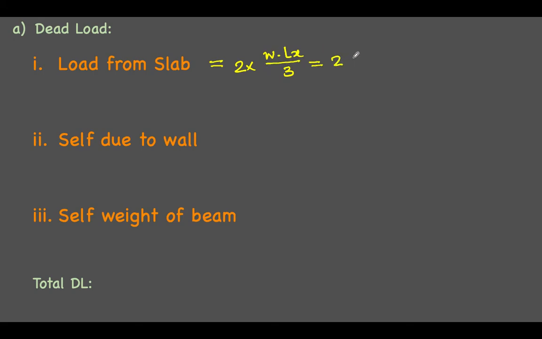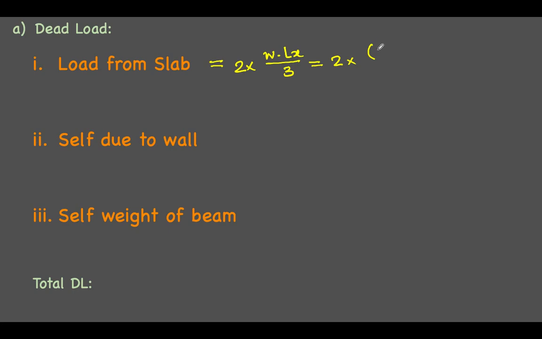Now let us calculate this 2 into the intensity or load on slab. When we calculate load on slab, it is 25, the density of concrete, 25 kilonewton per meter cube.